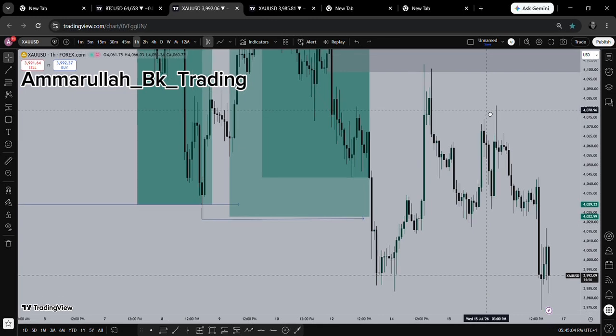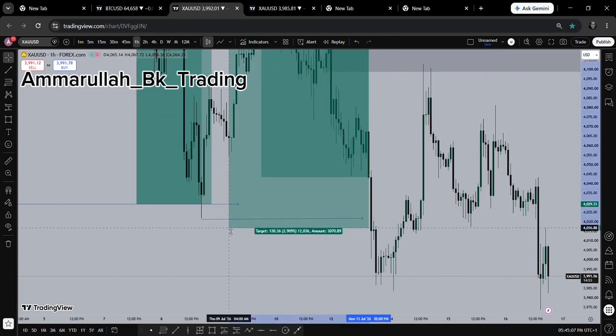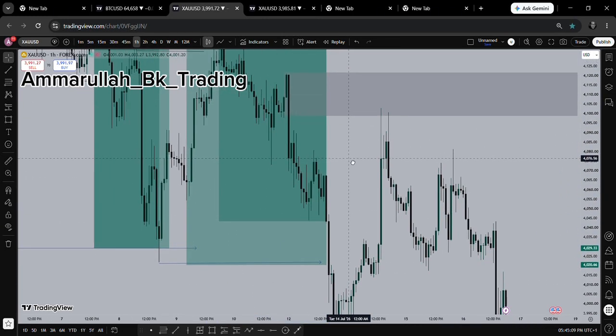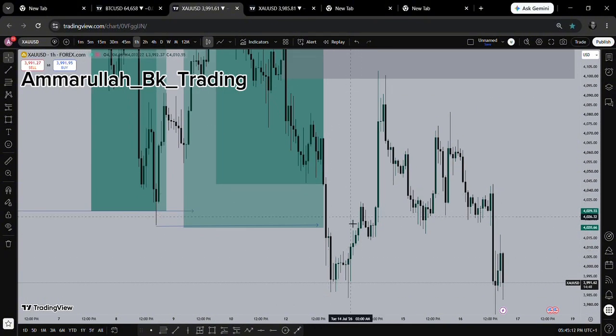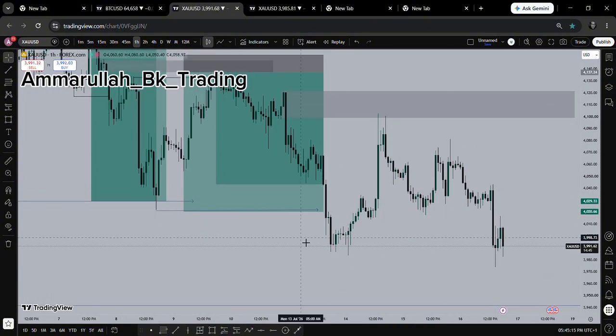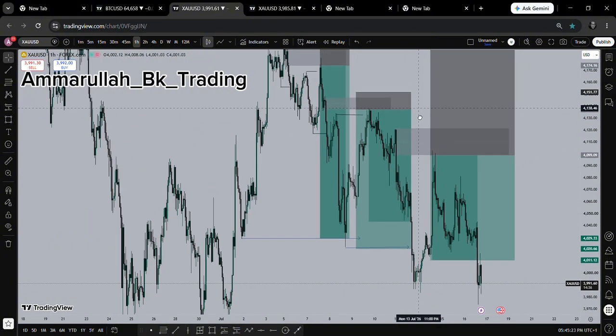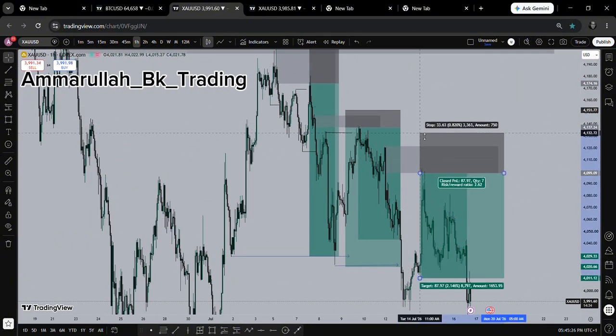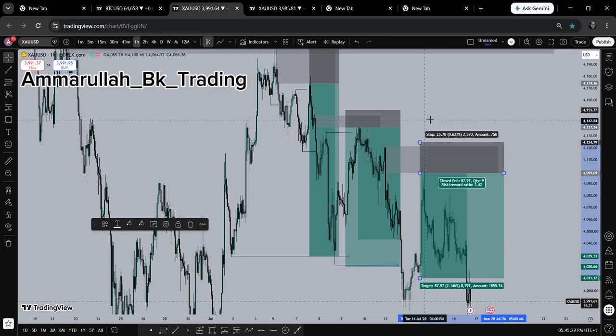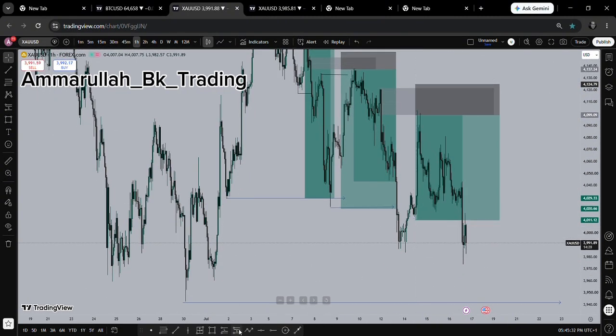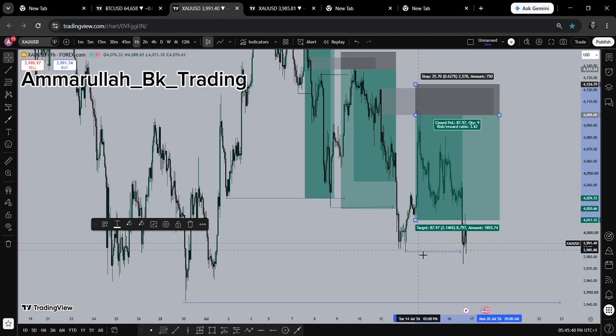After the market reached the full take profit, if you can see right here, when the market hit take profit, it reversed back straight to that next order block, and sold down to this next draw on liquidity.